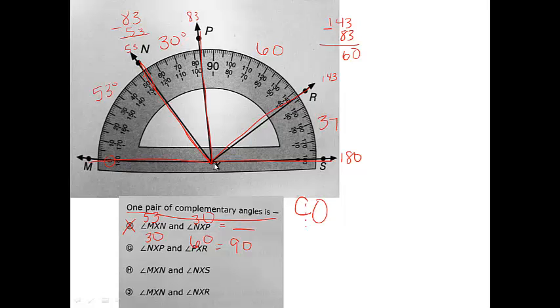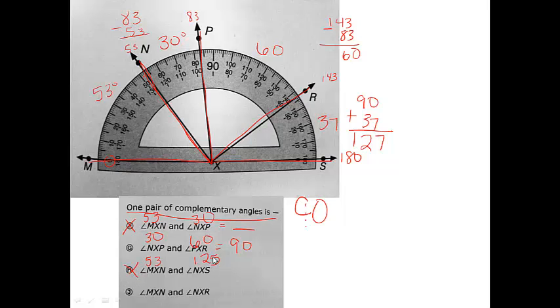MXN is 53 again. And then we have NXS. Uh-oh, so we have this huge thing right here. Well, this big angle, we have to measure up this angle and this angle and this angle. Well, you know 30 plus 60 is 90. 90 plus 37 is 127. Well, that's way over 90, so that can't be it.